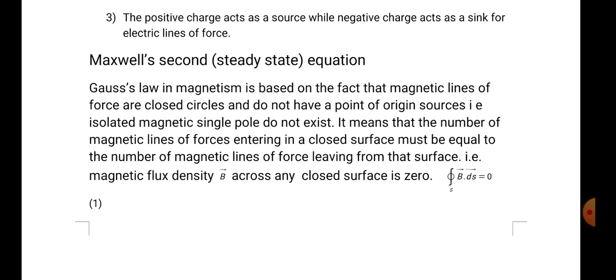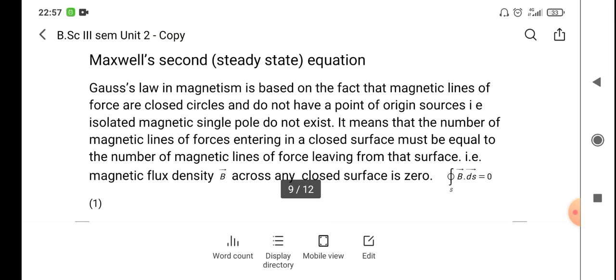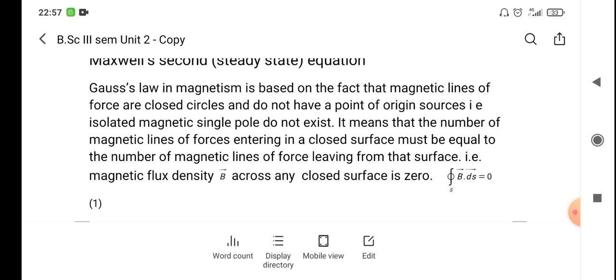It means that the number of magnetic lines of force entering a closed surface must be equal to the number leaving that surface, that is, the magnetic flux density B bar across the closed surface is 0.